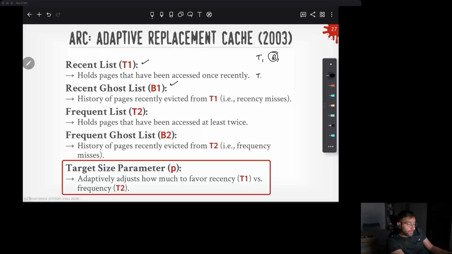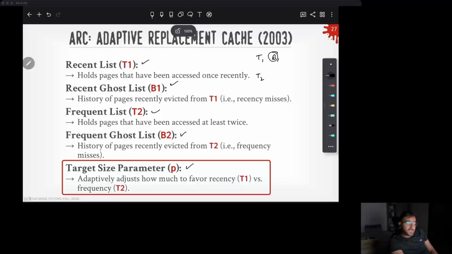Then you have T2, which is your frequency list: once pages are in the recency list and they get accessed again, they are moved into T2. That is the frequency list because their frequency has increased. Then you have a ghost list for T2 as well.